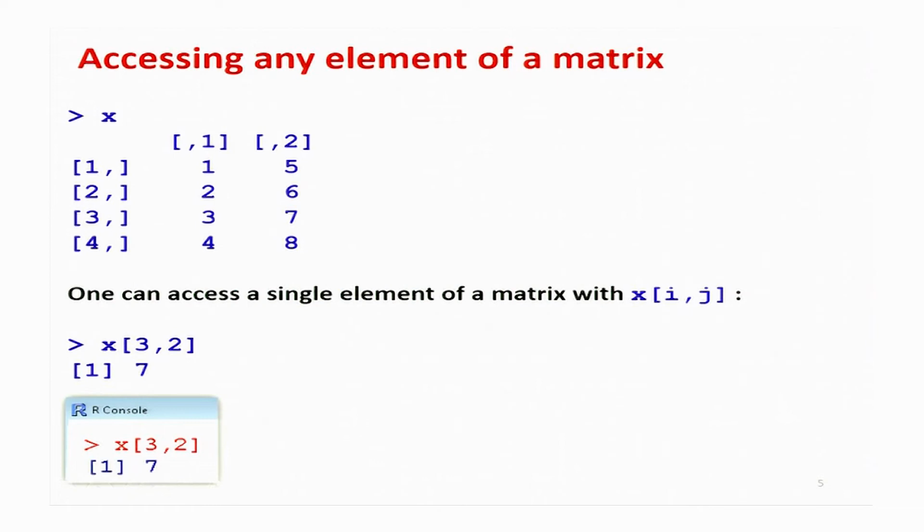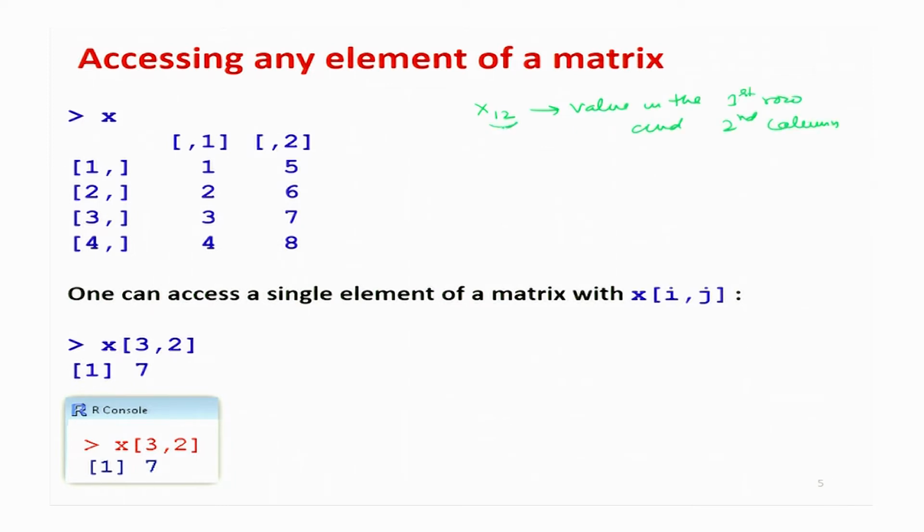Now, the next question is how do you access a particular value in the matrix? One thing I can share with you, coming from matrix theory, is that when I write x, say 1 2, this means the value in the first row and second column.